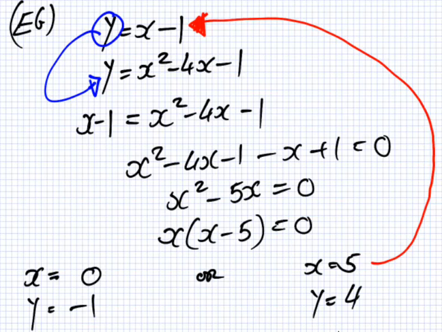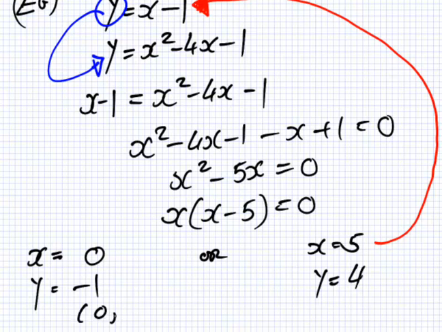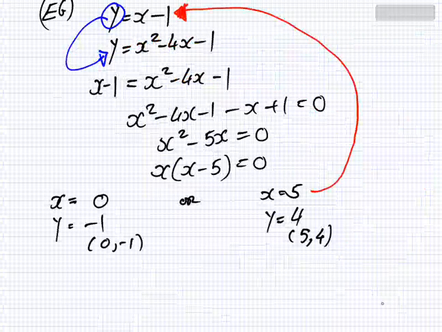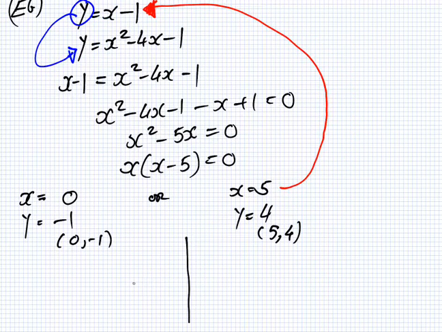So instead of y, I get x minus 1 equals x squared minus 4x minus 1. So, taking everything to the right, I get x squared minus 4x minus 1 minus x plus 1 equals 0. So I get x squared minus 5x, the 1s cancel, equals 0.